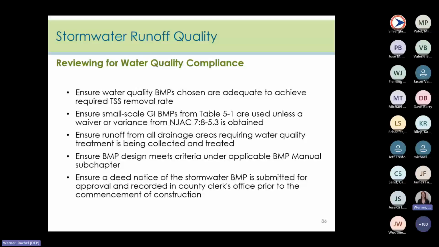Number 3, ensure runoff from all drainage areas requiring water quality treatment is being collected and treated. Number 4, ensure BMP design meets criteria under the applicable BMP manual subchapter. And last but not least, ensure a deed notice of the stormwater BMP is submitted for approval and recorded in the County Clerk's office prior to the commencement of construction.